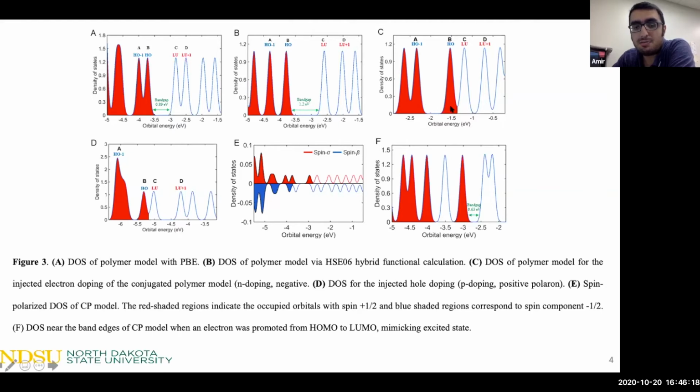But for subfigure C, I expected to have some 0 value for the density of states in this new gap. If I check the orbital energy, the gap between the new HOMO and the LUMO here is 0.3, for instance.